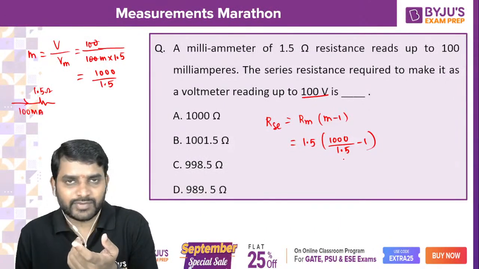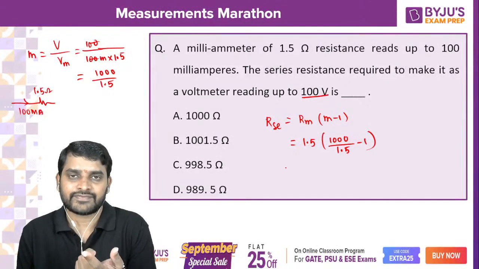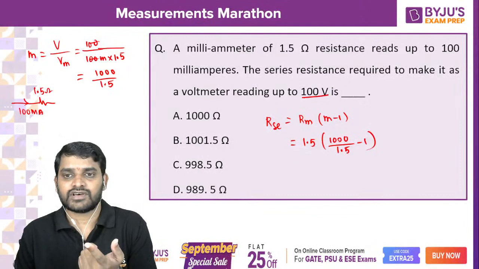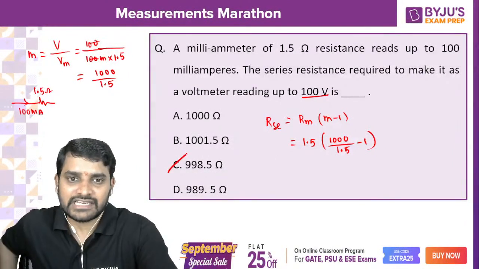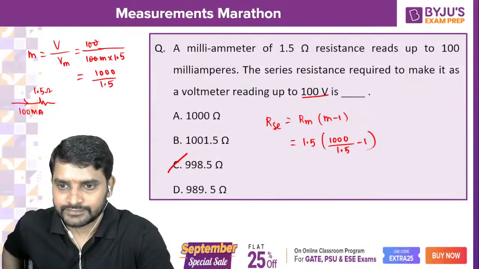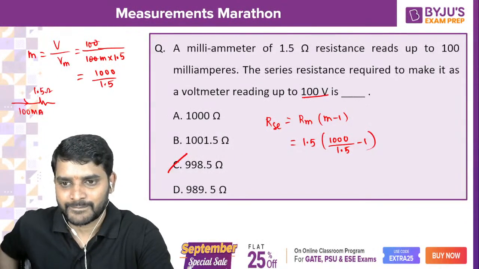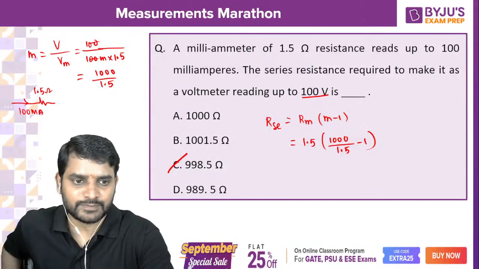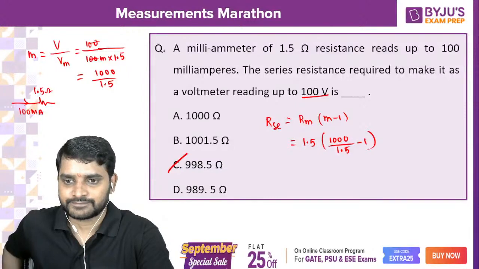So 1.5 gets cancelled. So 1000 minus 1.5. How much? 1000 minus 1.5, so 998.5. Are you going to get the Rsc value? Very good. Superb. Hassan and Yogananda done.